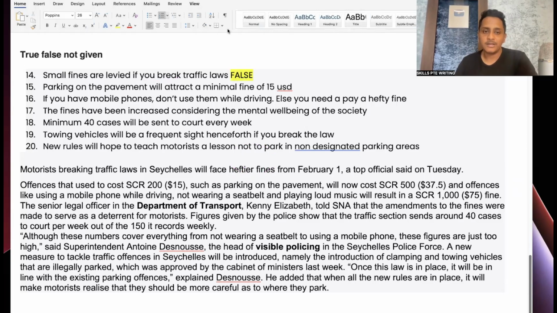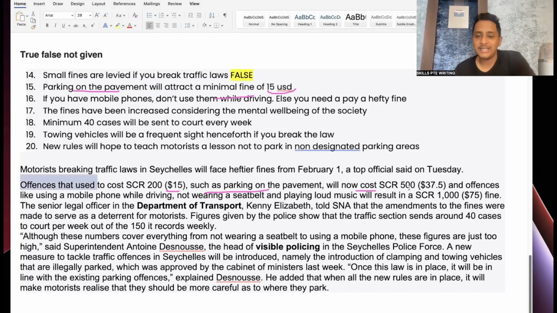Then the second one: parking on the pavement will attract a minimal fee of 15 USD. Offenses such as parking on the pavement that used to cost 15 USD will now cost 37.5 USD. Parking on the pavement will, it's a future. This is the past.